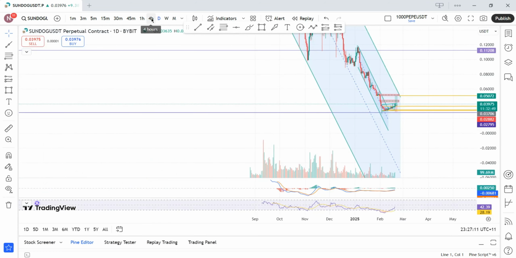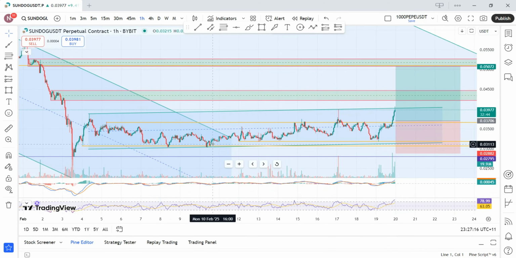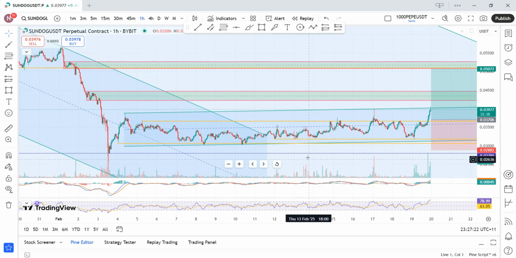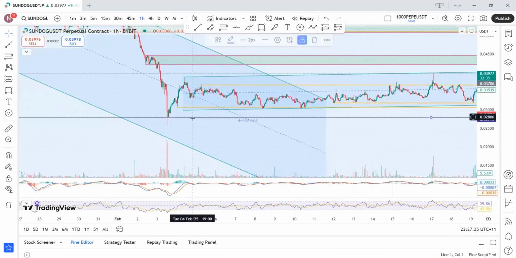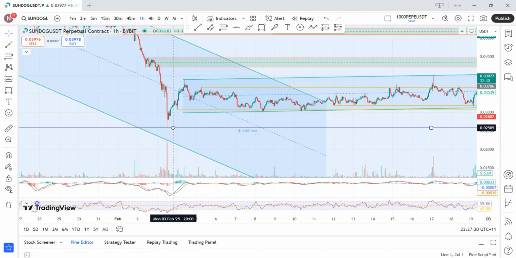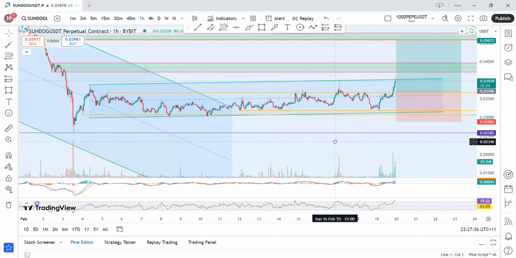Actually, I may have to adjust that line. I drew that on a higher time frame, so it wasn't super accurate. Yep, so that's like just in case, because it didn't manage to break through here.